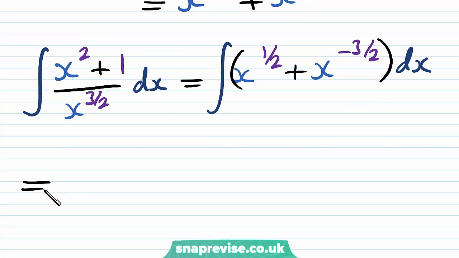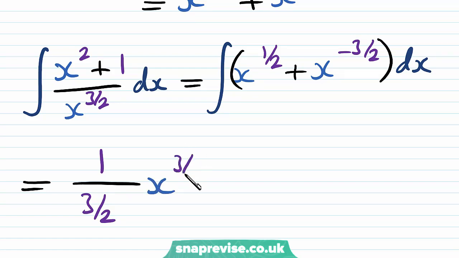So what we have here, we add 1 to the power and we divide by that power. And so we have a 1, which is the constant technically outside of this first expression, divided by the new power, which is 3 over 2, that's the added 1 to the 1/2, and then we have an x to the power of that power, so 3 over 2. And then we have a plus 1, again that's the outside constant next to this term here.